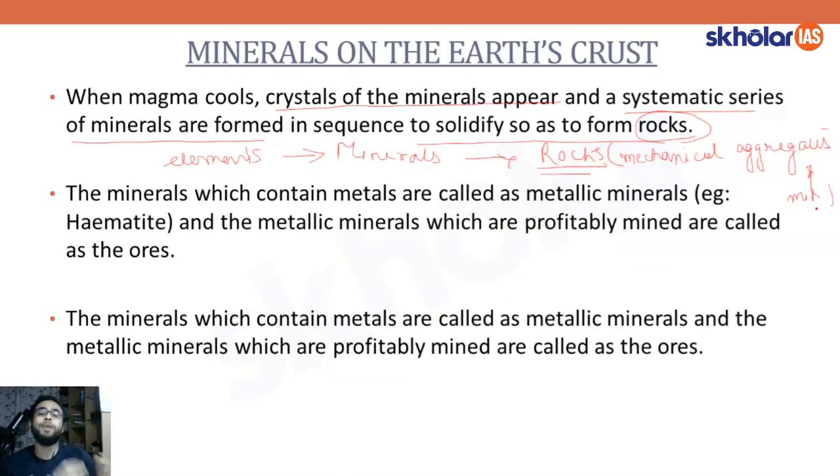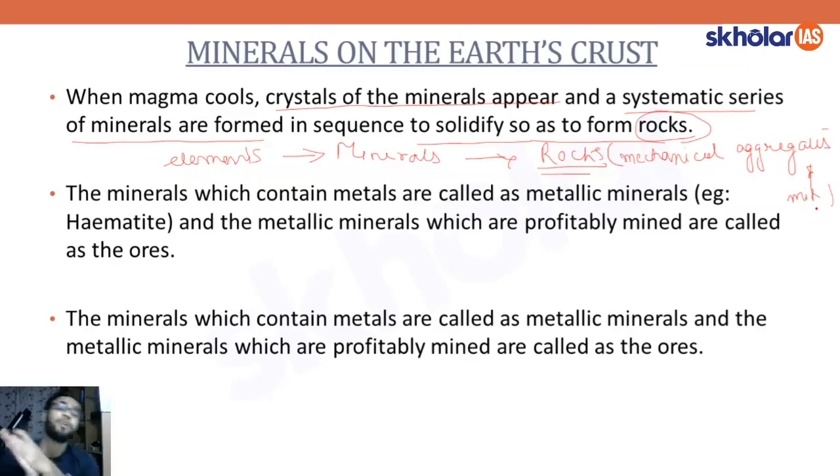Understood? So we'll get minerals from elements and we'll get rock from minerals. So mechanical aggregate of different minerals, we get rocks, right? So magma, when it intrudes the Earth's crust, will cool down and solidify, resulting in formation of different minerals, and these minerals combine to form what?